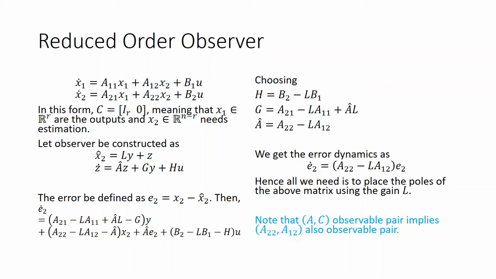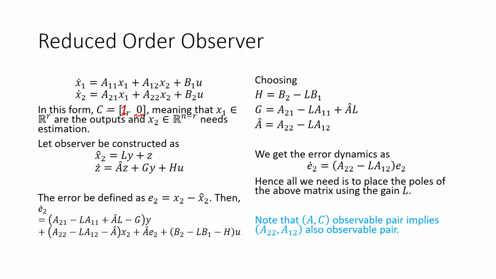So let us consider that the outputs are the first R number of states. This x1 is in R dimensional state space. C is I_R 0. This is the denotation: there are R number of ones here, and then the remaining n minus R are 0.